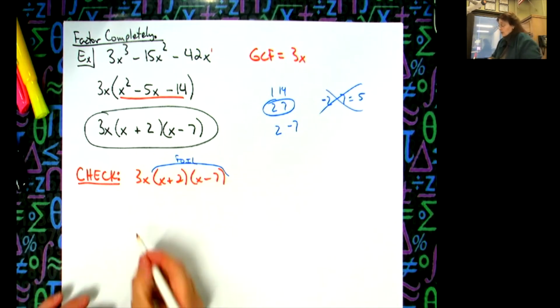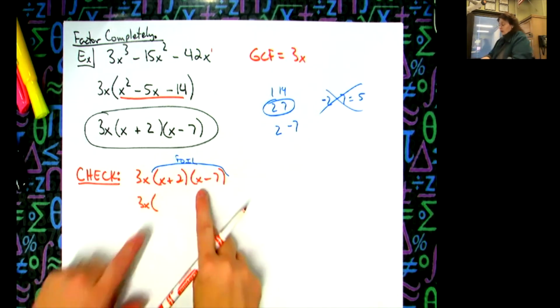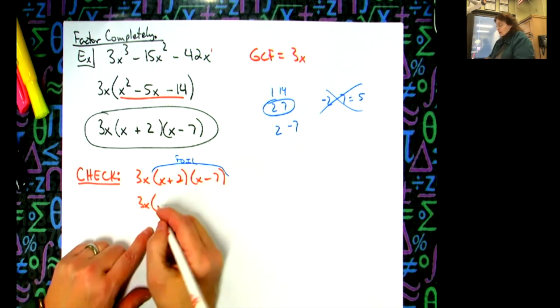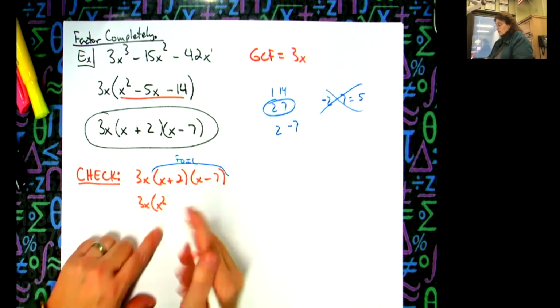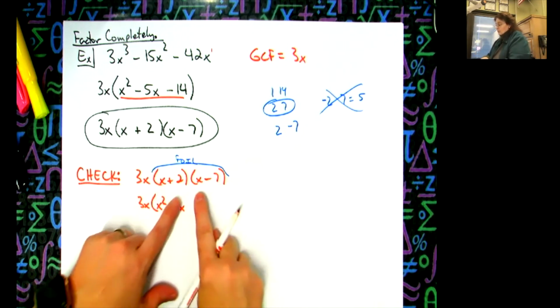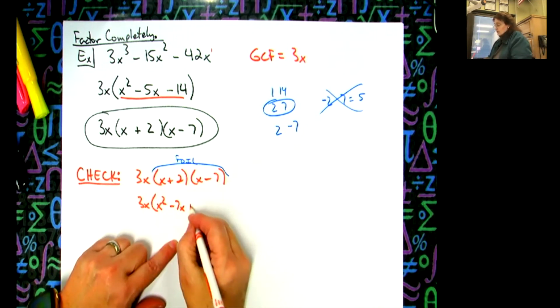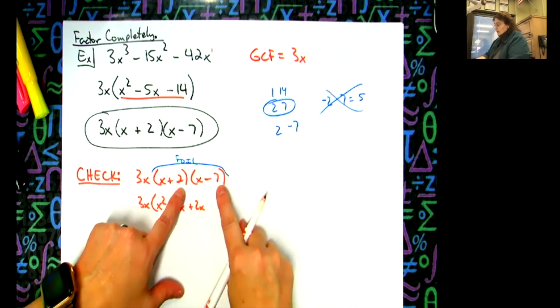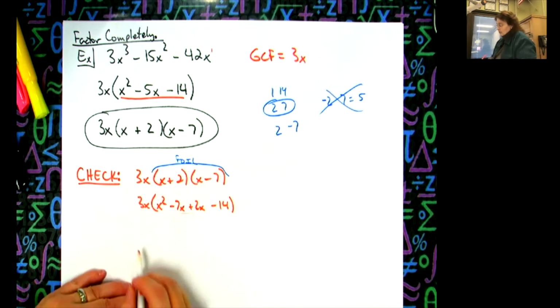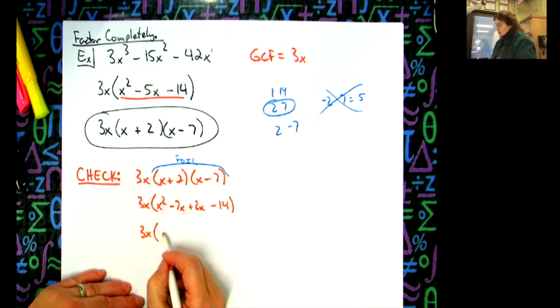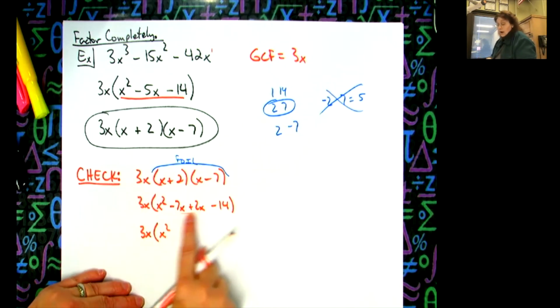Okay, so I'm going to keep my 3x right there. Multiplying first terms, x times x will give me an x squared. Multiplying outside terms will give me a minus 7x. Multiplying inside terms, plus 2x. Multiplying last terms, minus 14. All right, putting these two together right there, I'm going to have a 3x here. My x squared, go ahead and add these like terms.